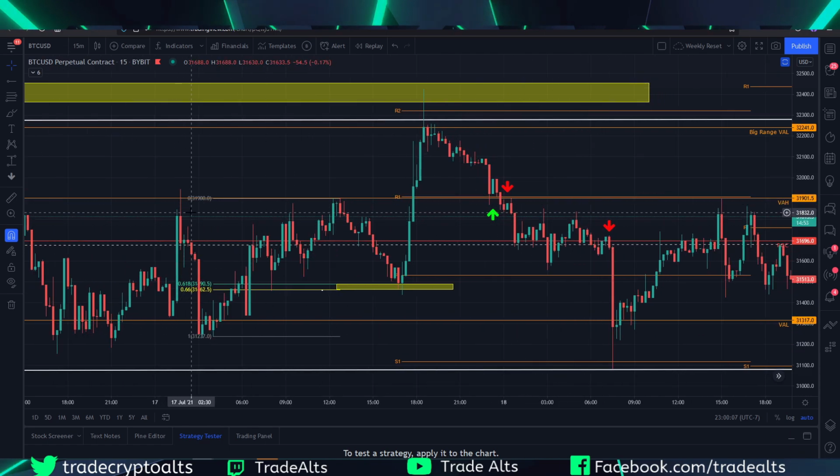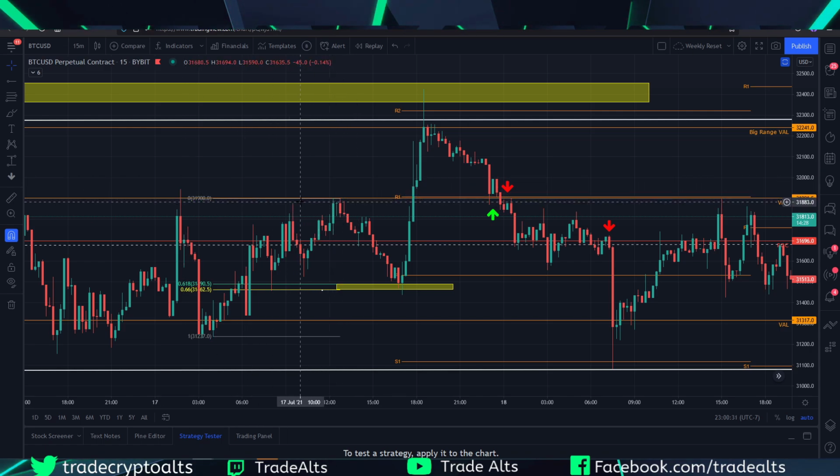And you can see previous to us breaking out on this impulsive move and testing the resistance levels up here, the value area high was resistance, resistance, resistance, resistance, back down before breaking through. So what do you look for when you have a resistance level, resistance level, resistance level like this?